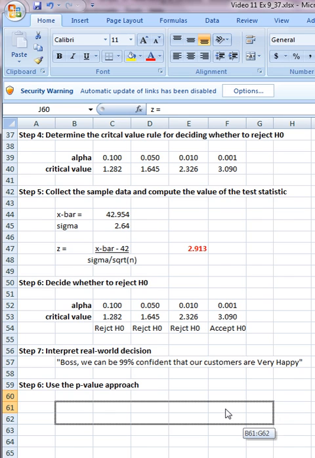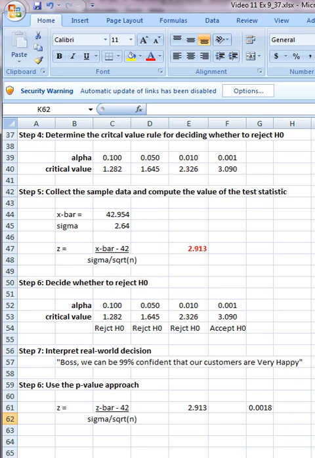Another way of looking at this is the p-value approach. It's exactly the same approach, using the exact same numbers and concepts, just done a little differently. Rather than comparing the 2.913 z value to a critical value, we're going to ask, what are the odds? What's the chance of getting a sample of mean 42.954 if the true mean is 42? We use the standard normal distribution, of course.